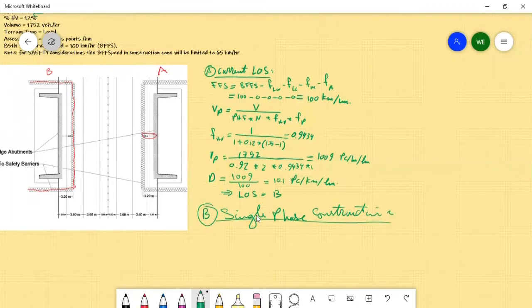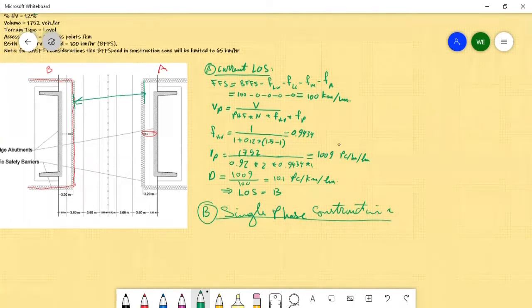We're going to build both abutments at the same time and see. If we build both abutments at the same time, that means all we are left with is just this segment. So currently we have here, let me just bring this.